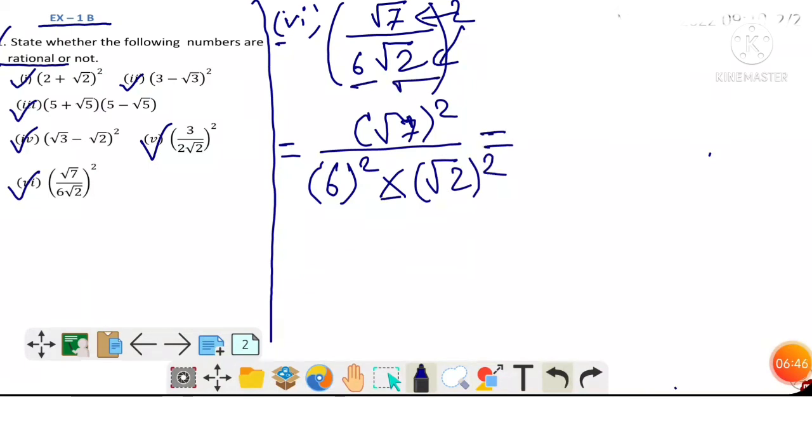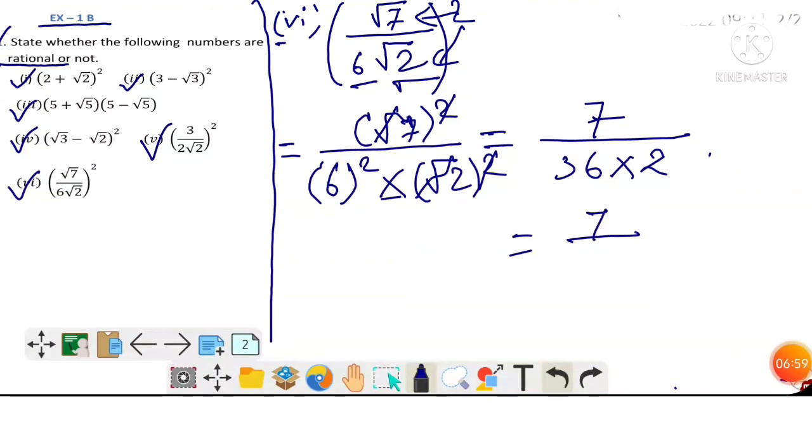So we get 7 here and 6 6s are 36 into the square will cancel the root, into 2. So 7 upon 36 into 2 is 72. So yes, it is also a rational number.